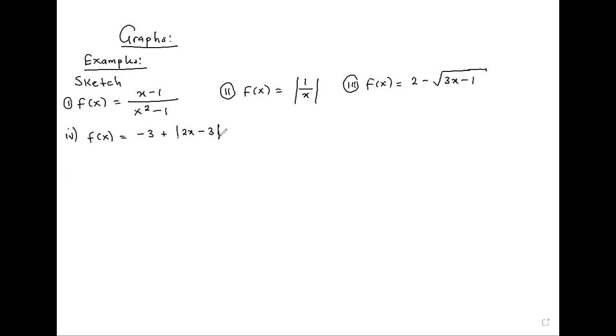So we have rational here, we have absolute, rational, we have radical, and we have modulus on one page.